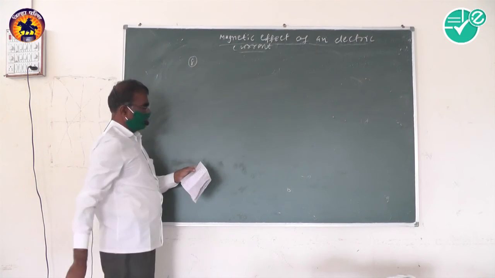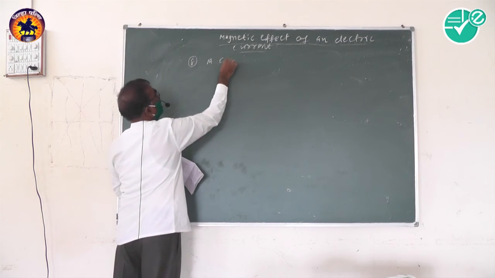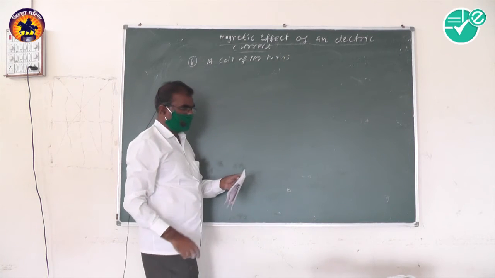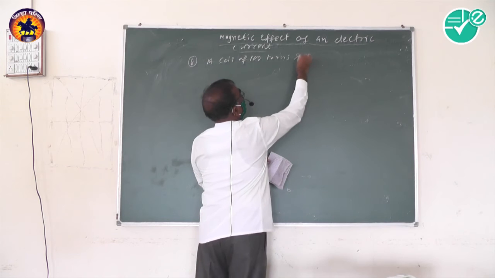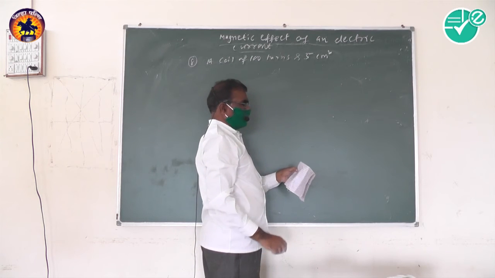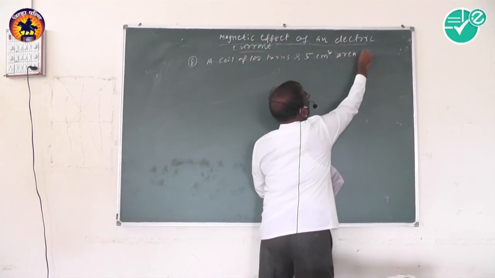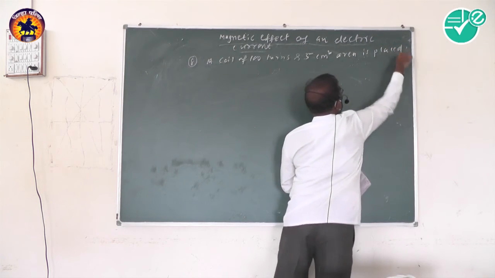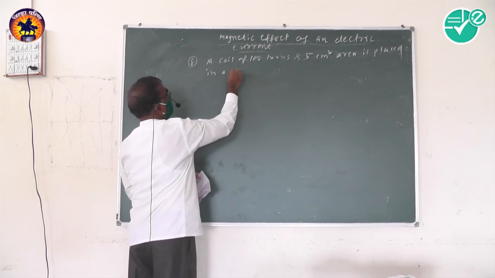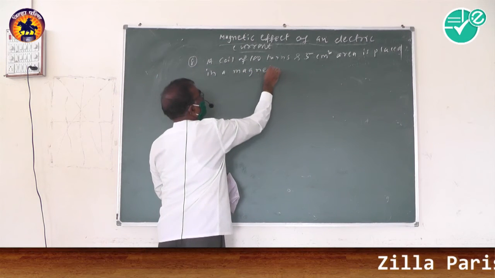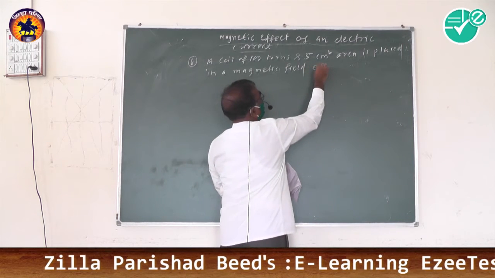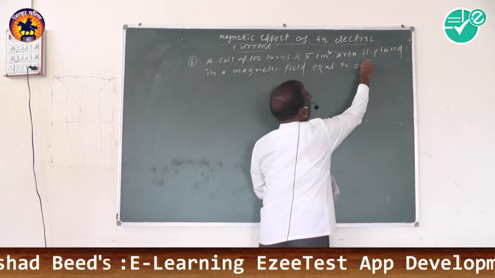Problem number 8: a coil of 100 turns and 5 centimeter square area is placed in a magnetic field equal to 0.2 Tesla.